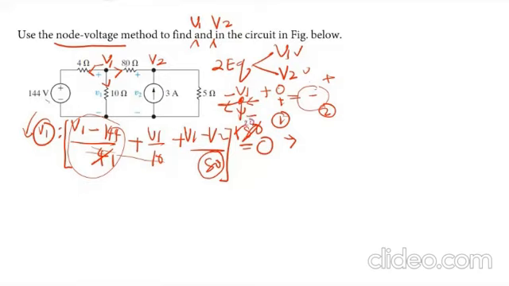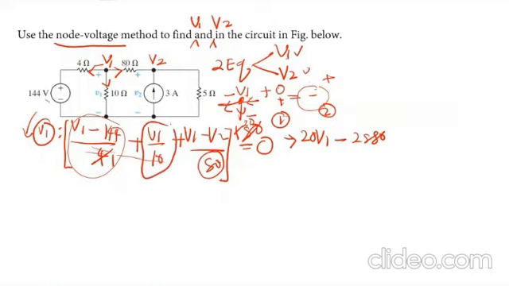So this 20 multiplies this part only: 20 times V1 minus 20 times 144, which is 2,880. Done with this part.